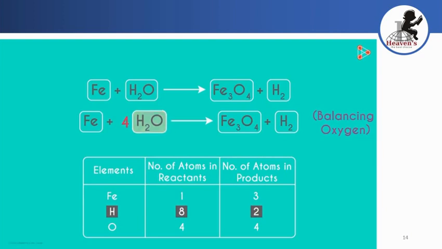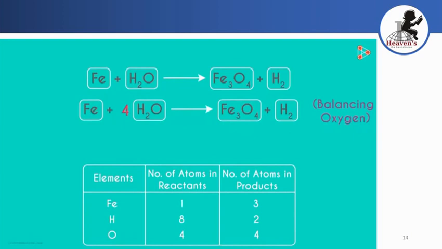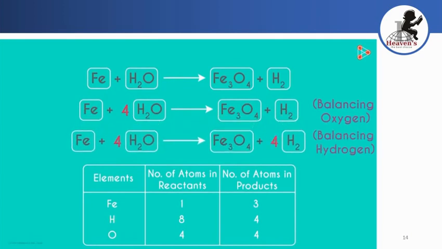Now on the left hand side we have 8 hydrogen atoms, and on the right hand side we have only 2 hydrogen atoms. So as the prefix of hydrogen we put 4. By multiplying with 4 we get the same number of hydrogen atoms.